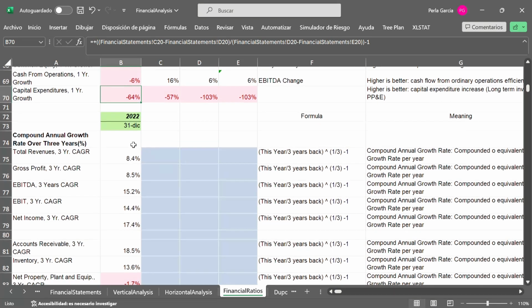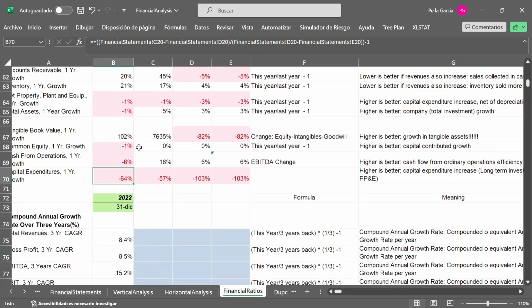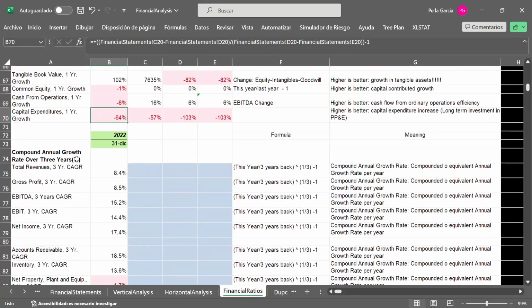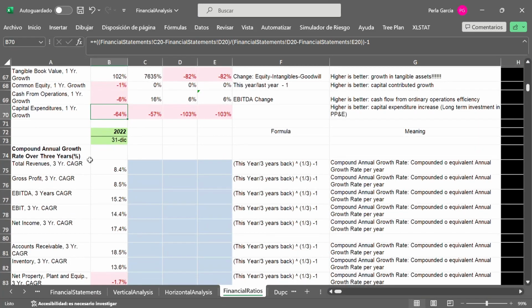Finally, the compound annual growth rate over 3 years measures how much the accounts increased or how they changed over the 3 years that I analyzed. So here the compound annual growth rate expresses an equivalent annual growth rate per year.